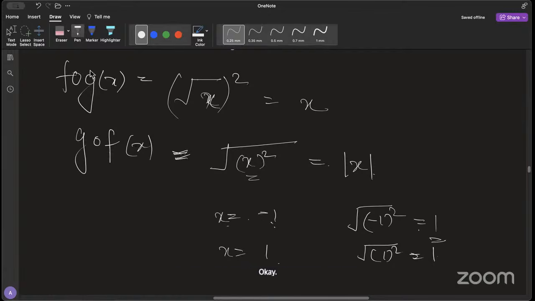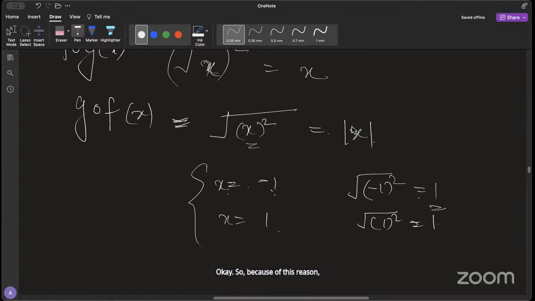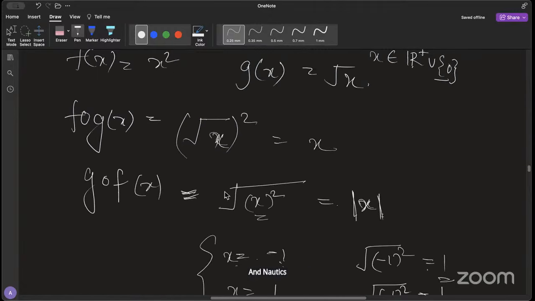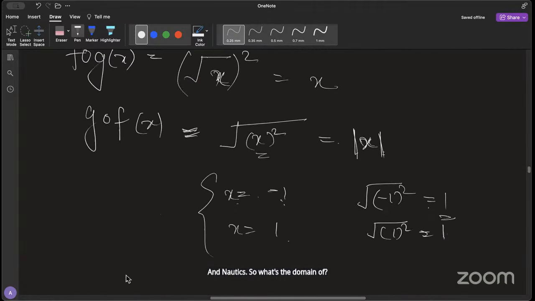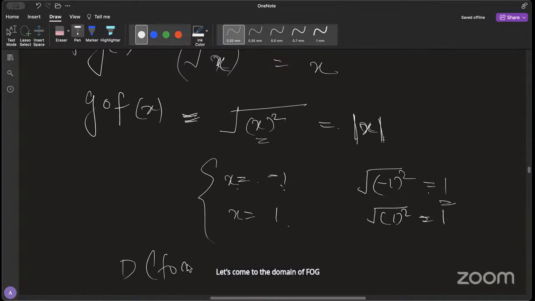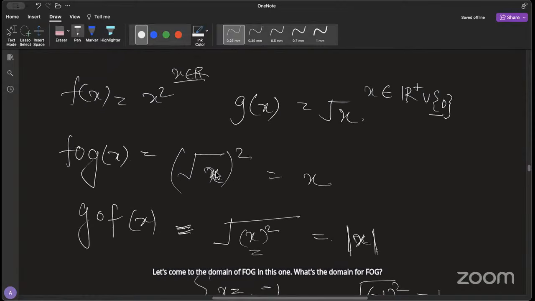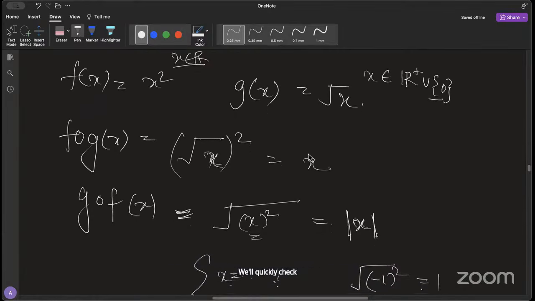Okay, ma'am. So because of this reason, this turns out to be mod x and not x. So let's come to the domain of FOG in this one. What's the domain for FOG? You just need to check the values of x. The domain of G is R, right?